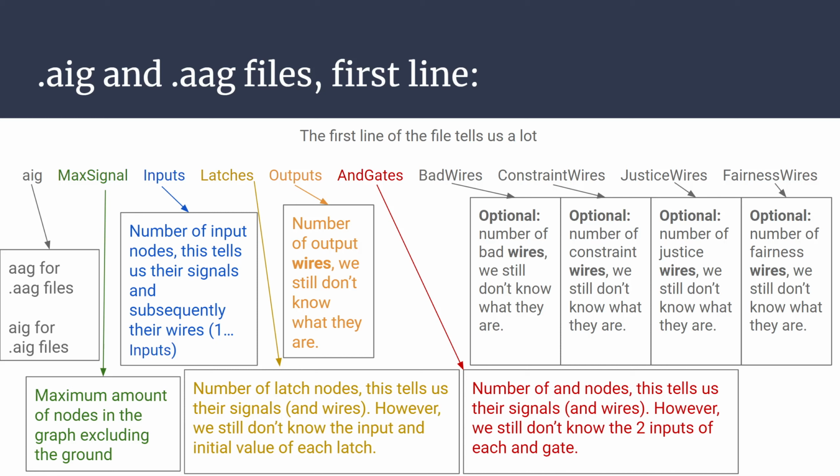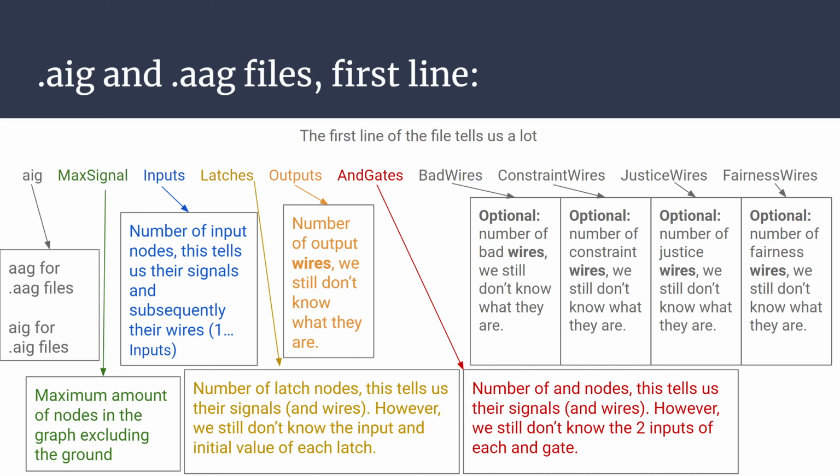Now, the first line of an AIG file starts with this behemoth right here, starting with the word AIG or AAG, depending on which version we are talking about, like which kind of file format. They're both very similar. AIGs are more complicated because they have binary encodings of AND gates.